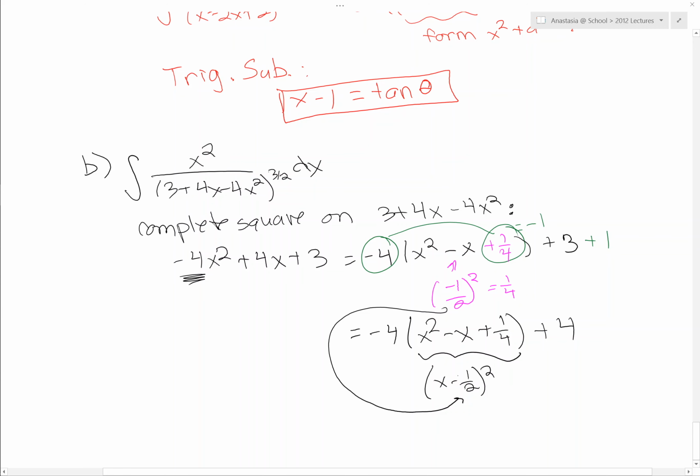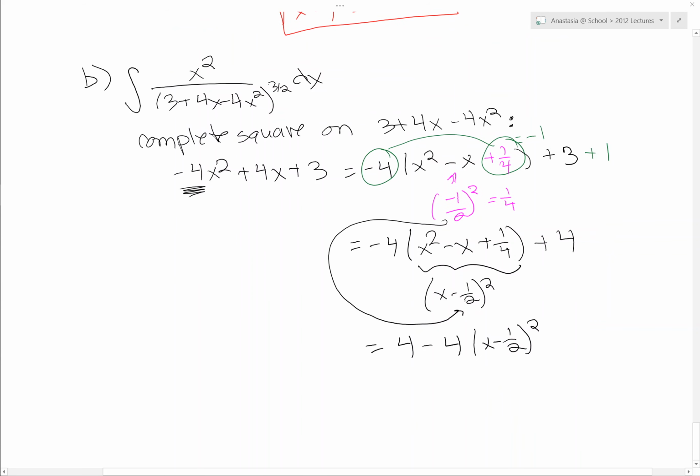But you can do the factoring if you'd like. So I can rewrite this as 4 minus 4 times x minus 1/2 squared. Now for the integral, we're going to have x squared over everything in the denominator rewritten as 4 minus 4 times x minus 1/2 squared, all of that being raised to the 3/2 power.